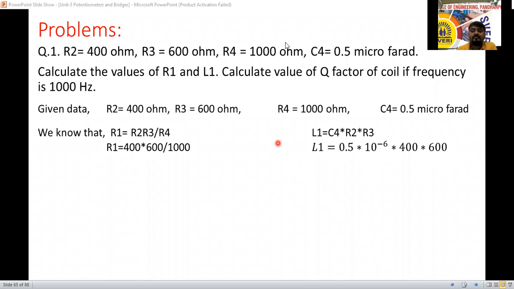How much? How much it is? R1 equal to 240. Minus. I will get minus here. Directly we have substituted, then how will you get minus?